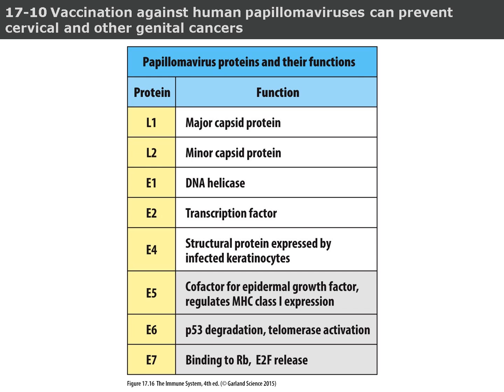E5 serves as a cofactor for epidermal growth factor signaling and regulates MHC class I expression. E6 promotes degradation of the tumor suppressor protein p53 and activates telomerase, while E7 binds to the RB protein, leading to the release of E2F and promoting uncontrolled cell division. These viral proteins contribute to the development of cervical and other genital cancers, highlighting the importance of vaccination to prevent infection.